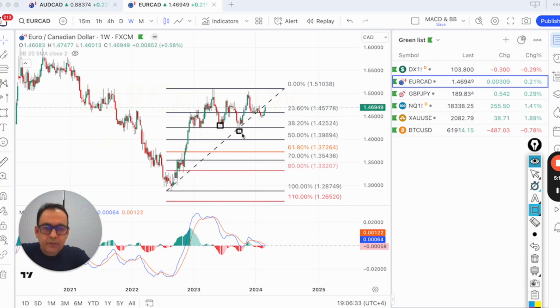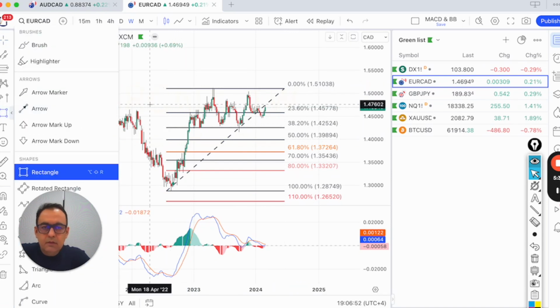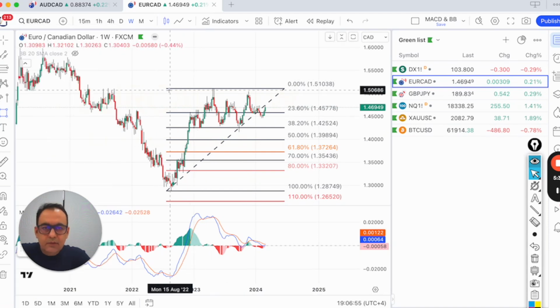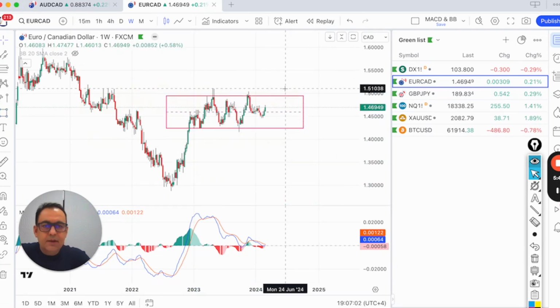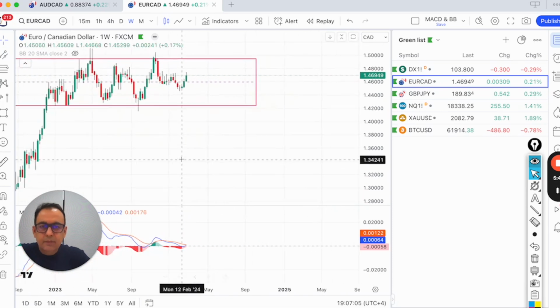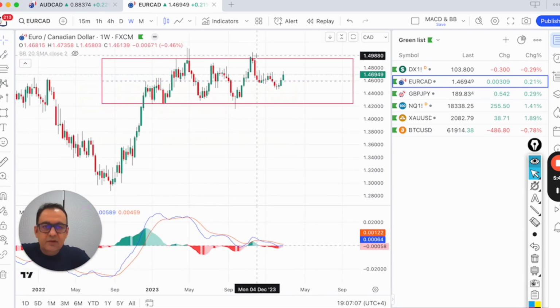It has also formed lower low with bullish divergence on MACD histogram, and again it has created the breakout structure. So it has got bullish breakout, so we can apply Fib on the latest breakout. I'll just mark a rectangle here, sideways consolidation, and inside this sideways consolidation now we have got bullish divergence with higher high formation.